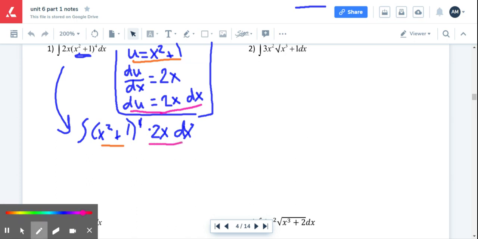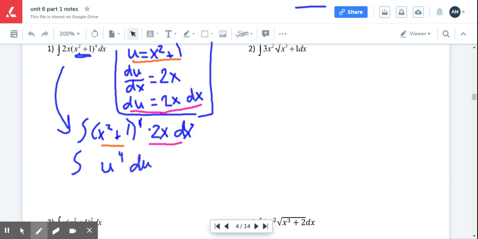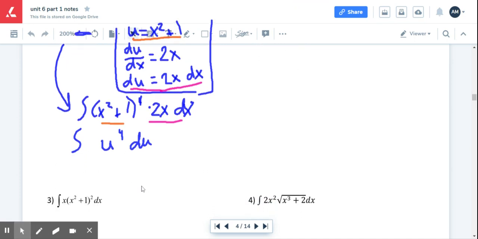So when we do our substitution, this orange piece turns into u to the 4th, and this purple piece is just du. Now this is our new integral, and this is much easier to work with. Let's integrate that. u to the 4th turns into u to the 5th divided by 5, plus c.